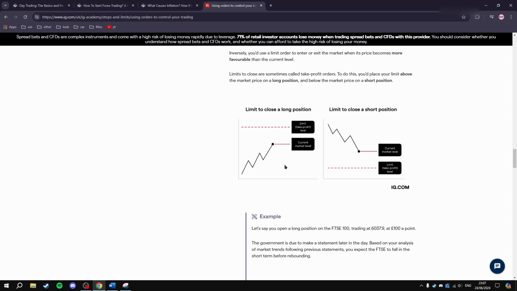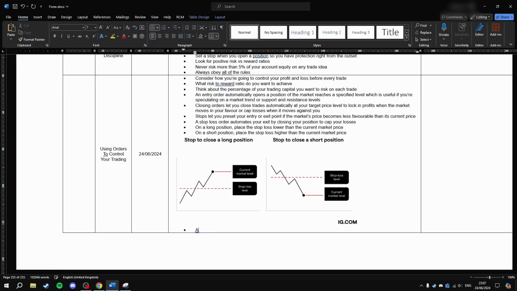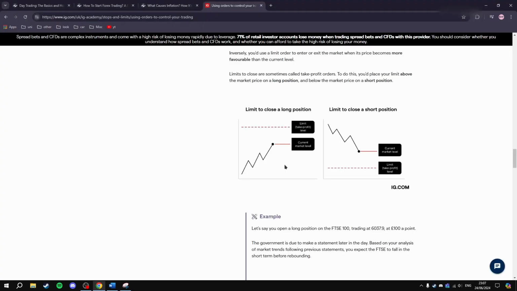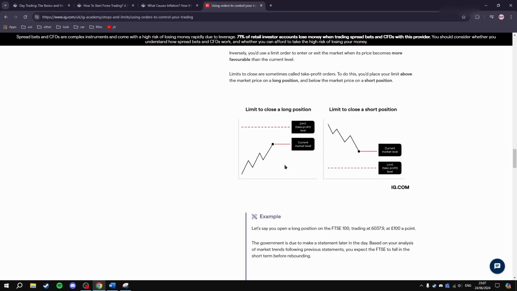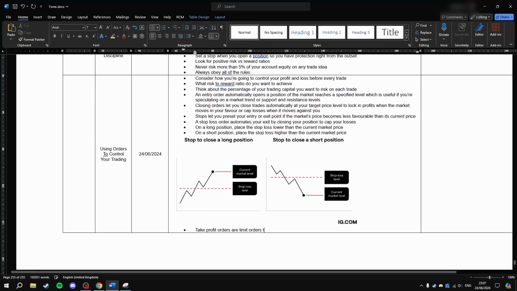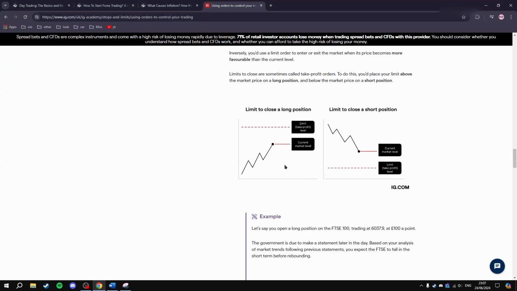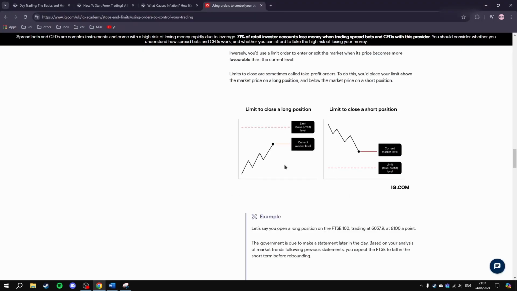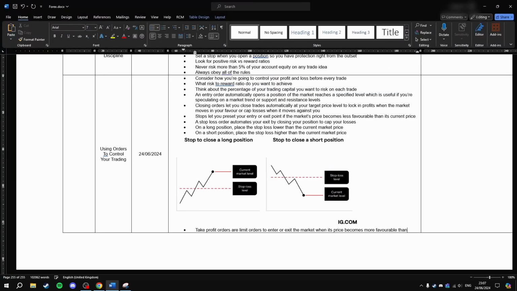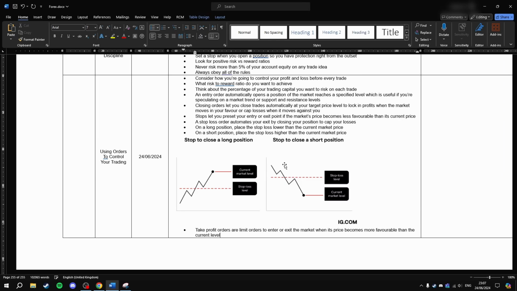So take profit orders are limit orders to enter or exit the market when its price becomes more favorable than the current level.